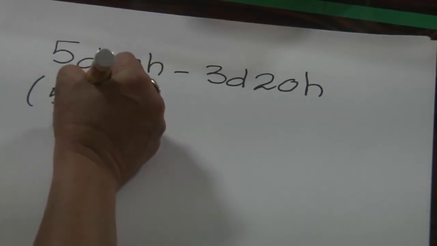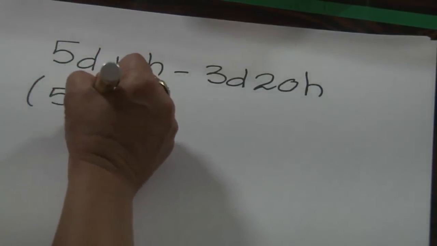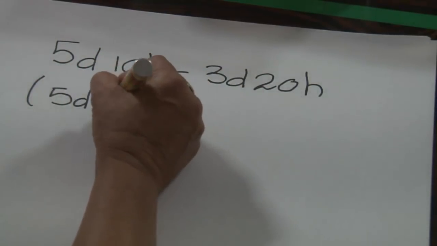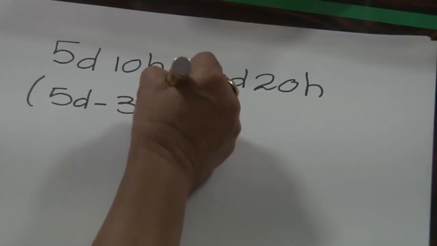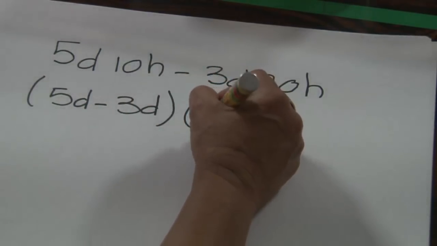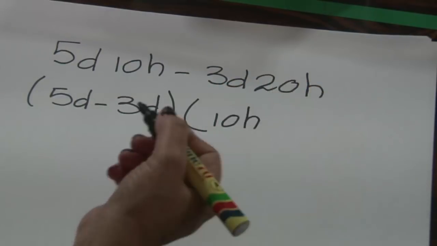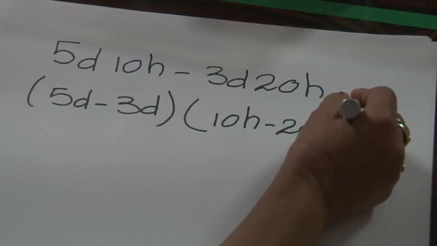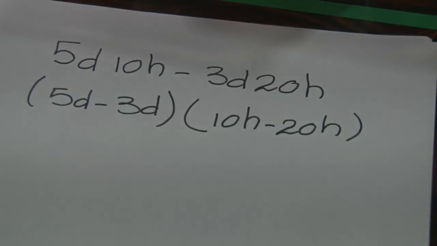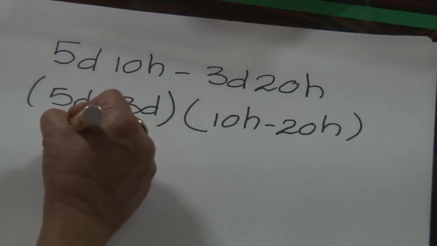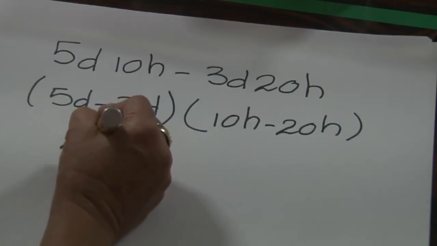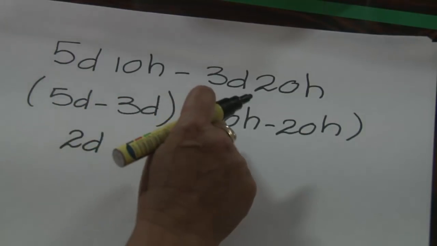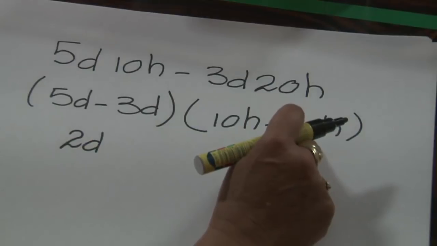I again put them in different units. So I have 5 days minus 3 days, and then I have 10 hours minus 20 hours. Right. 5 days minus 3 days will give me 2 days. 10 hours minus 20 hours.